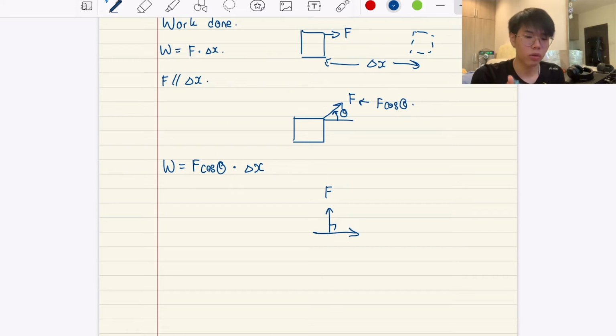The only force exerted on the tray is the contact force, which is going upwards, and the tray is moving forward. So you can clearly see that the contact force is perpendicular to the direction of the motion. This is where we say there's no work done by the waiter or the waitress on this tray.